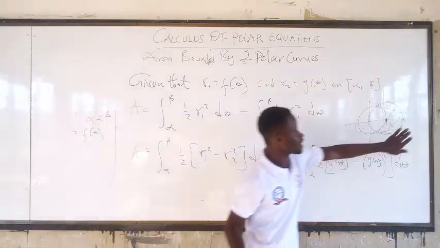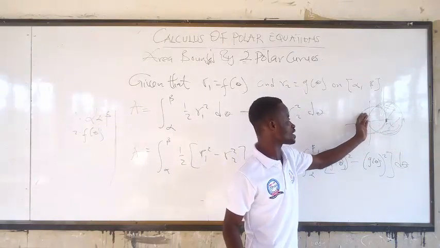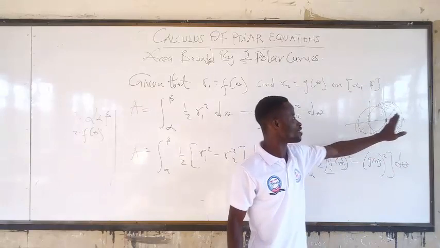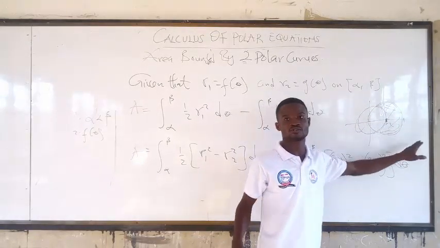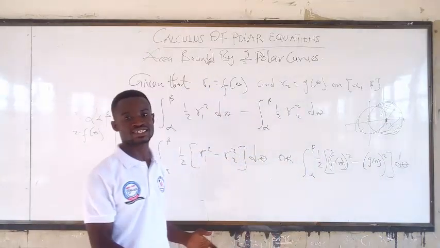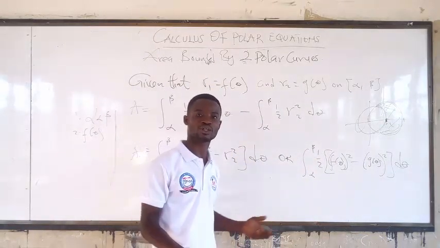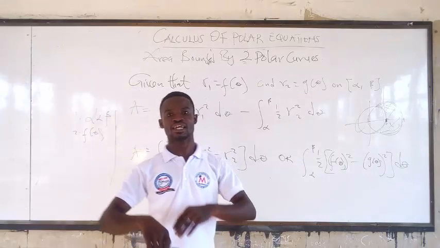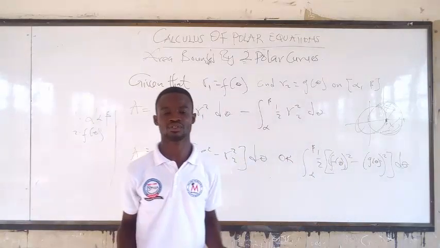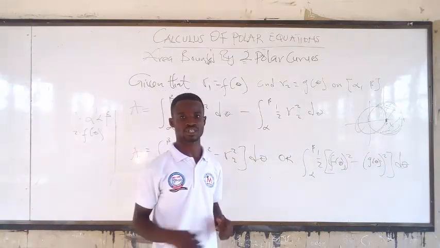Subtracting this from this is not the same as this from this. So always check the maximum value. And I've taught you how to check the maximum value. If you have A sin theta, the maximum value will be the A, and in any of the nature of the curve given to you, you know how to get it.